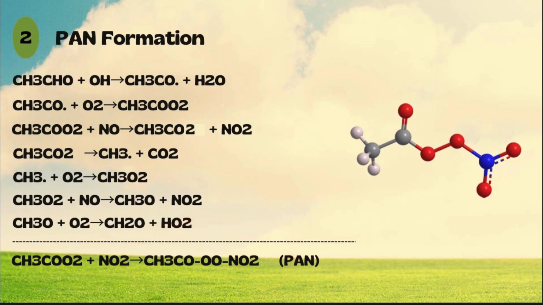The formation of peroxyacetyl nitrate was discovered by agriculture researchers who had identified a new type of plant damage in Los Angeles. The damage includes leaf bronzing of a number of plant species.